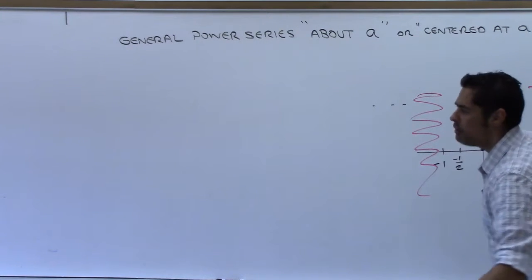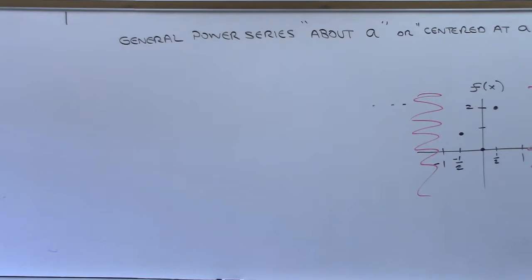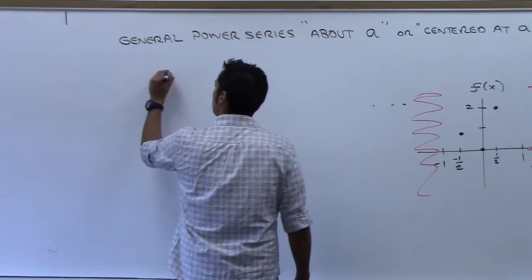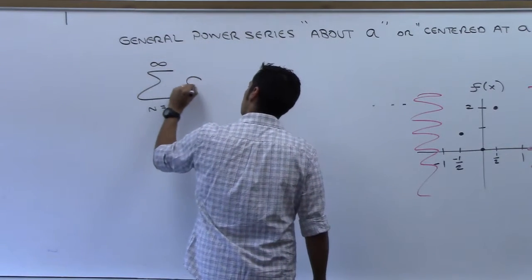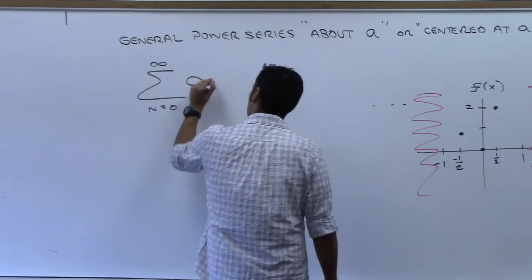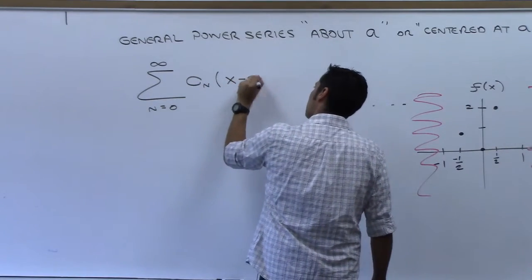So we're going to look at a new formula. It's going to look very, very much like what I just put up on the board with one small tweak to it. It's going to be sum n equals 0 to infinity c sub n times x minus a to the n.